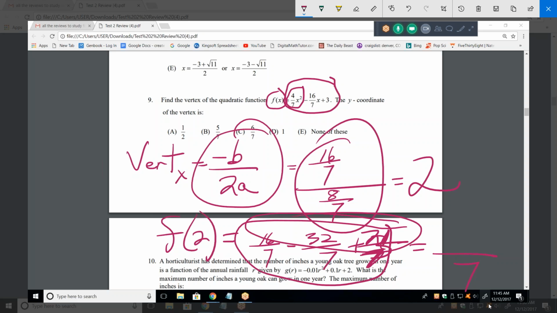What's 16 minus 32 plus 21? It'd be 5. There you go. 5 sevenths. That's the y-coordinate of the vertex.